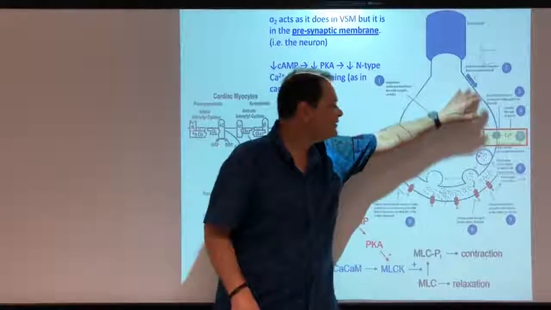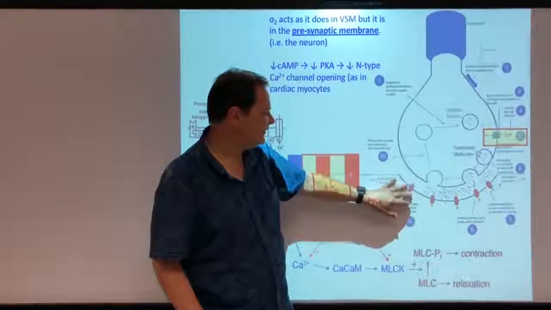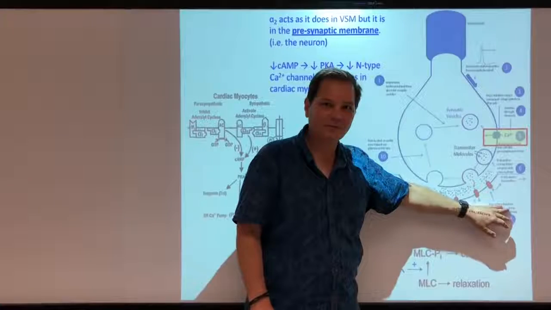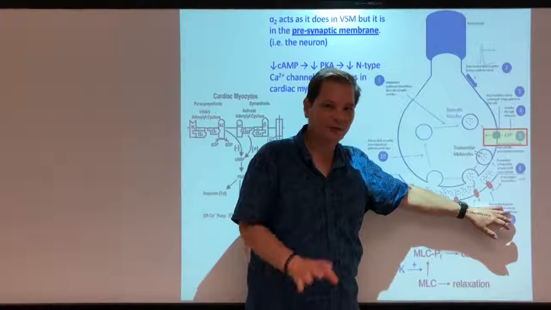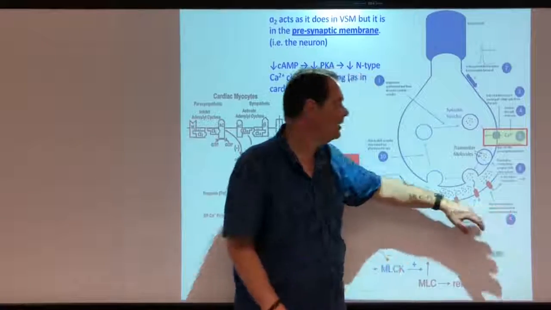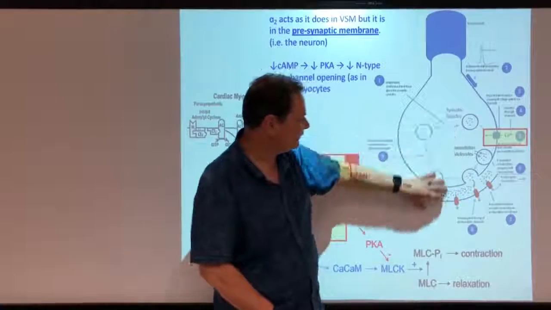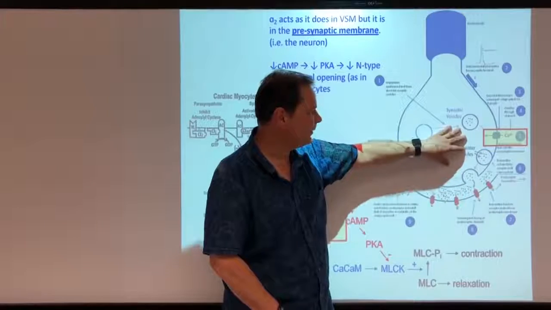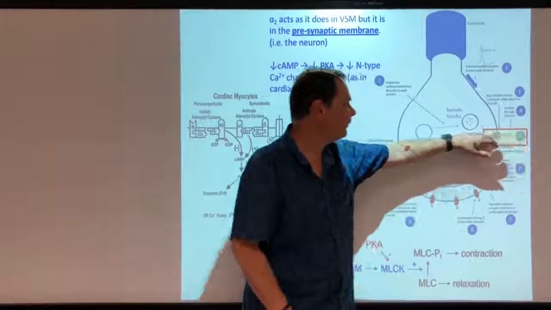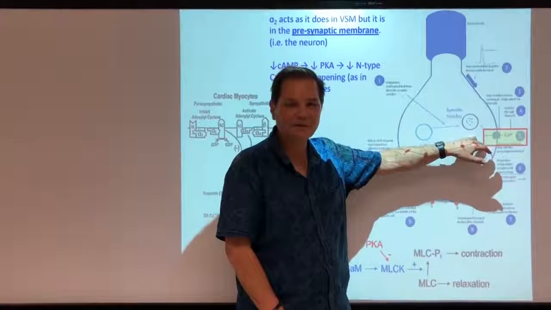Well, as you will learn, I know you can't read this text, and it is not important for you to be able to read it. We will go through it at a later lesson, okay? But what you should know is that the release of neurotransmitter here is dependent upon calcium influx through a voltage-gated calcium channel, okay?